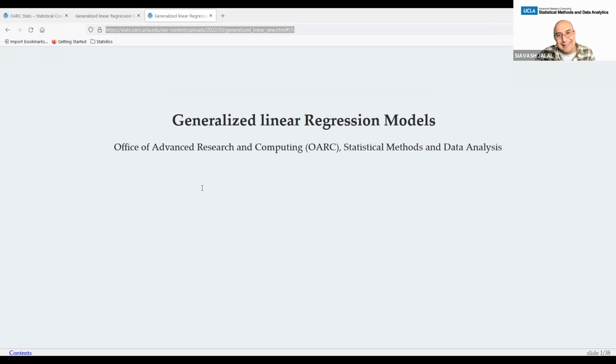But as you will see, generalized linear regression models themselves might be a 2-semester course or a 2-quarter, 3-unit course. So it's a lot of material in there, and obviously we cannot cover everything. Okay, so let's start with an overview.